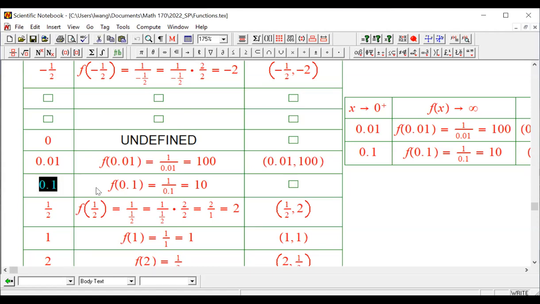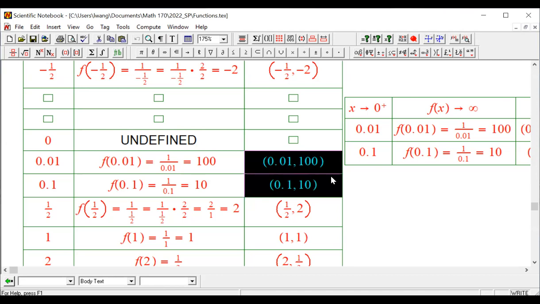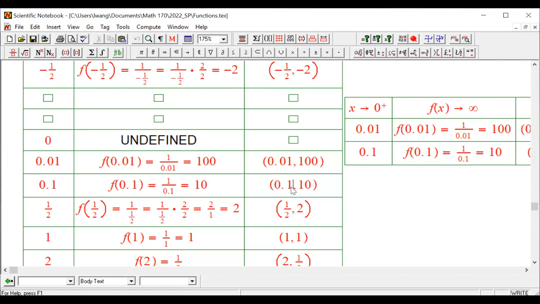For 0.1, the output is 10, because 1 divided by 0.1 is 10. We get another point, which is (0.1, 10). So what do we see for these two points? 0.1 is close to 0, but 0.01 is even closer to 0. Their outputs are getting larger and larger.